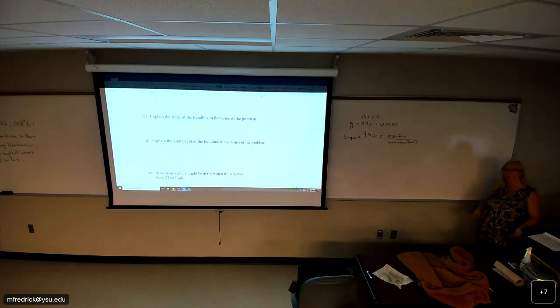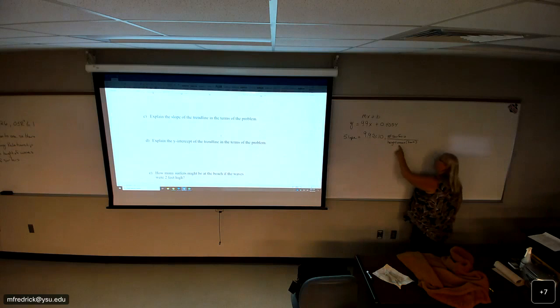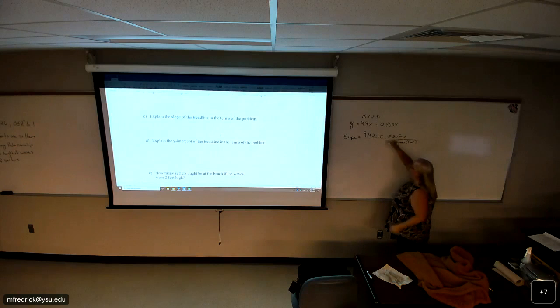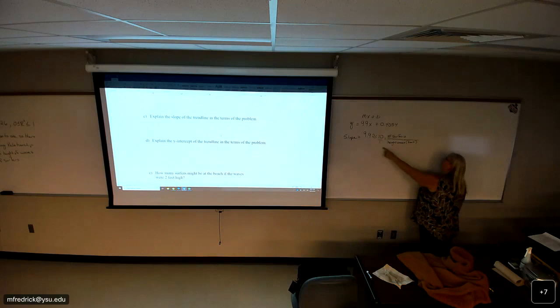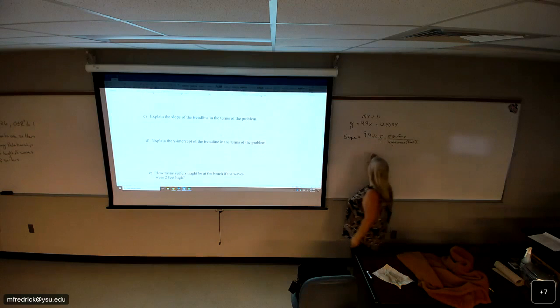So explaining the slope, talk about this increasing by 1, because notice we can make this a fraction over 1. So this increases by 1, the number of surfers increases by 10.